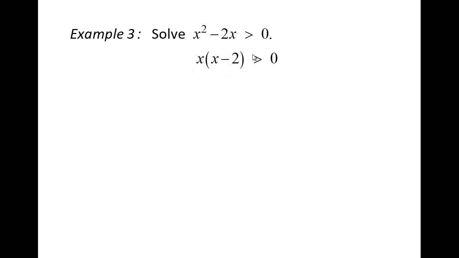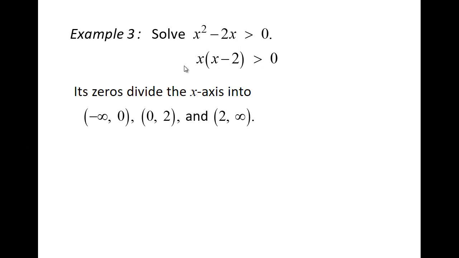We see that the polynomial is 0 when x is 0 or when x is 2. And the domain of this polynomial is the set of all real numbers. And the zeros of this polynomial divide the x-axis or the number line into 3 subintervals. So one from negative infinity to 0, one from 0 to 2, and another from 2 to infinity.